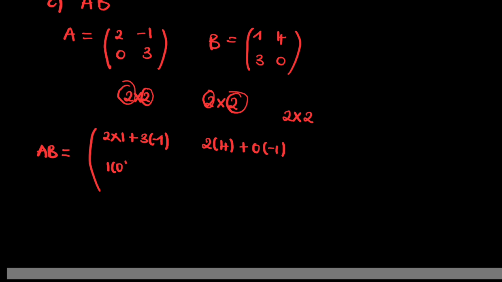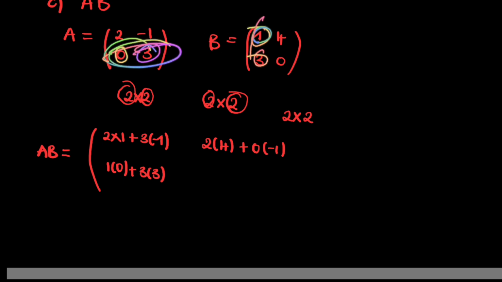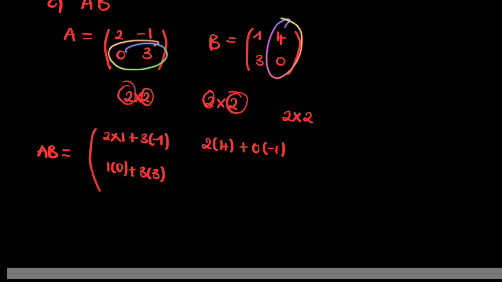Okay, now we go to the next case. 1 times 0 plus 3 times 3. Now we'll have 0 times 4 plus 0 times 3.